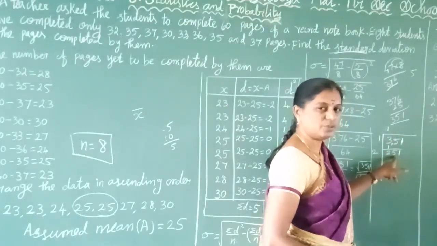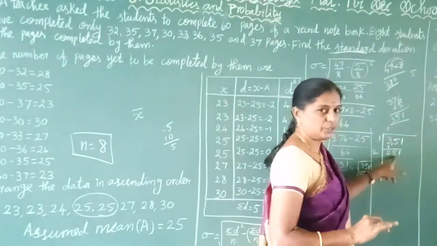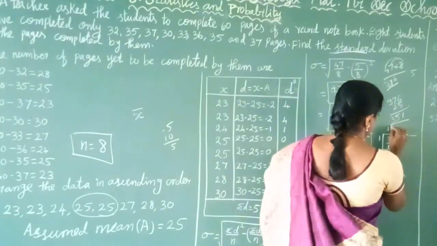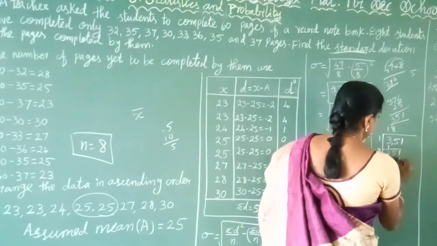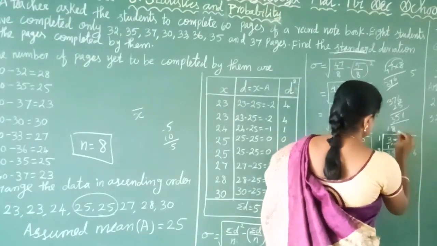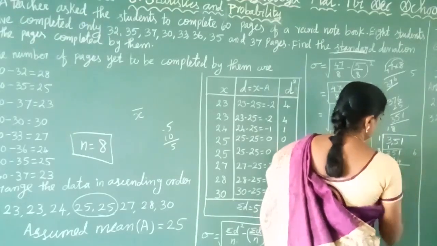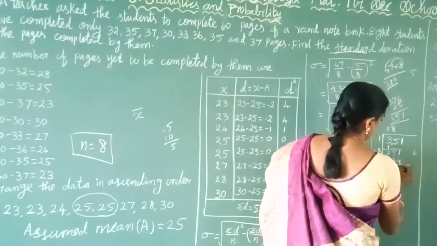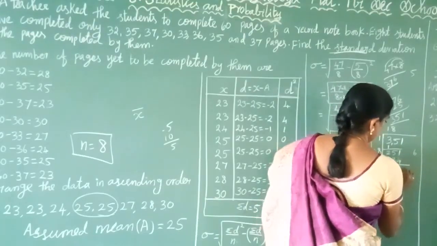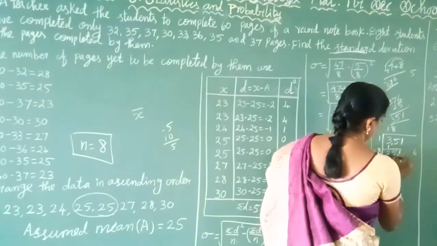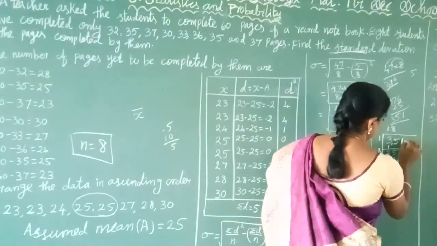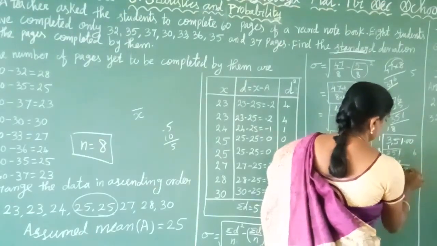So which is possible? So you choose and do it. Clear? Now I select 8. 8 eights are 64, remainder 6. 8 twos are 16, 16 plus 6, 22. So 224 and subtract. What is that? Here 11 minus 4, 7, and 4 minus 2, 2, and here 0.